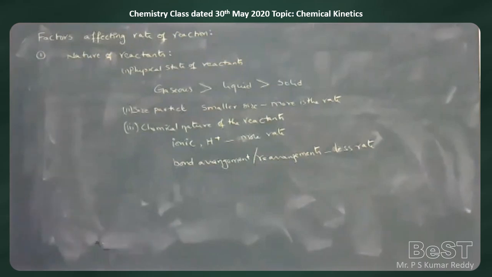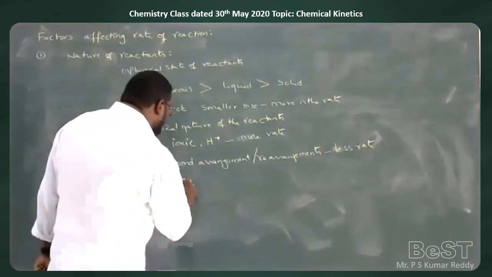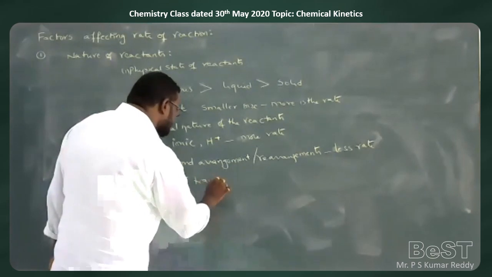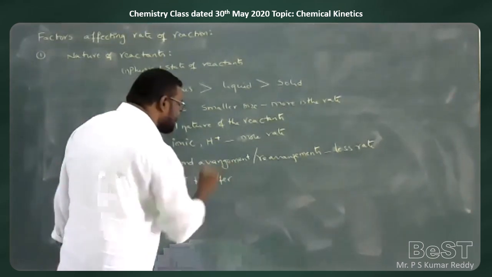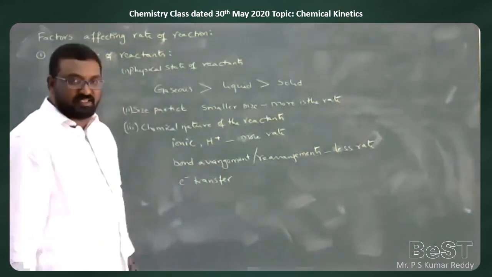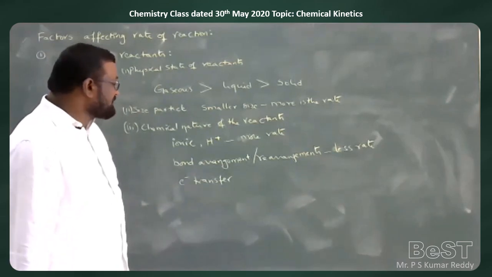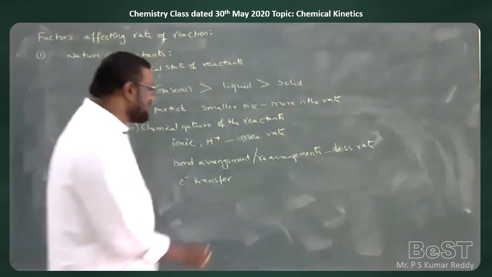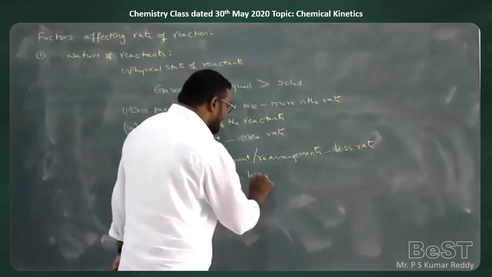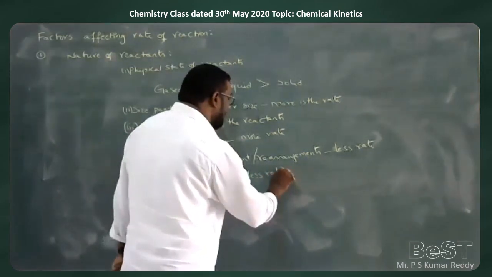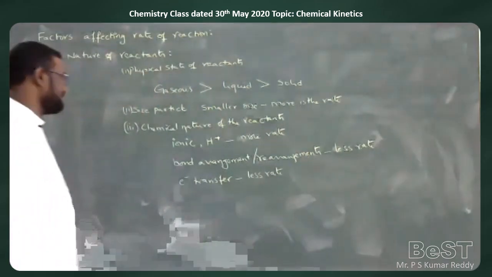In the same way, when there is electron transfer, what do you mean by electron transfer reactions? Oxidation and reduction reactions. So when there is electron transfer, that is oxidation or reduction, then also the rate of the reaction will be less.